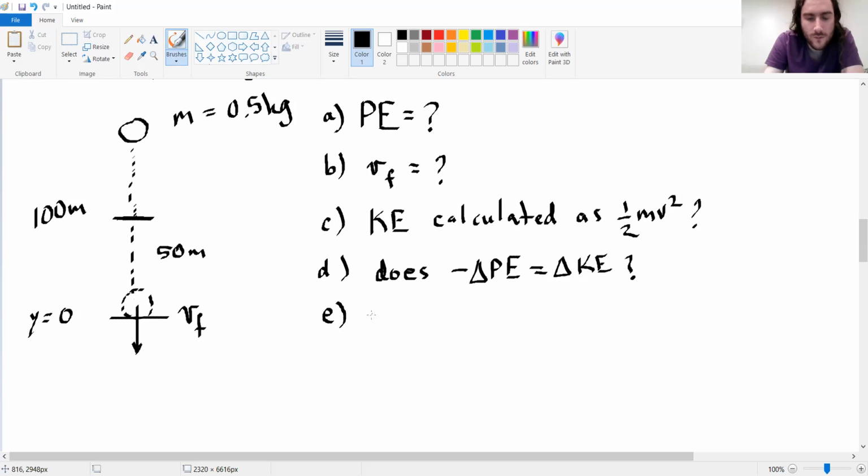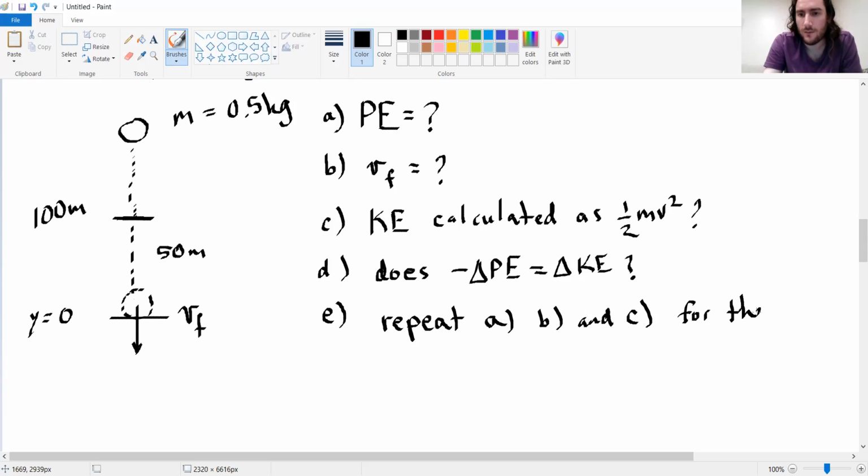Answer E. Repeat A, B, and C for the ball when it reaches 50 meters.